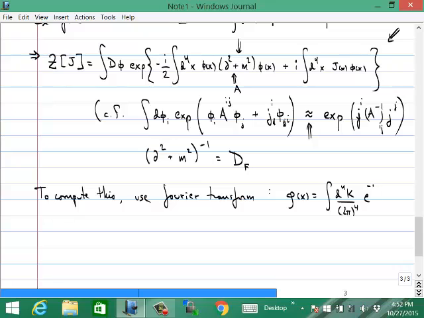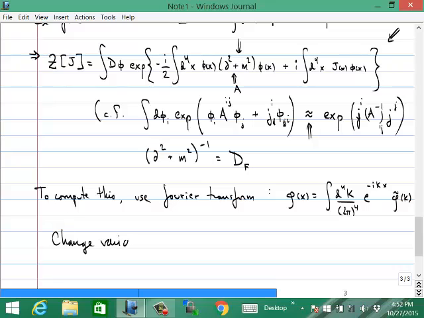So this will be the integral of e to the minus ikx times some function phi tilde, which is the field variable in momentum space. And what I want to do is change variables.